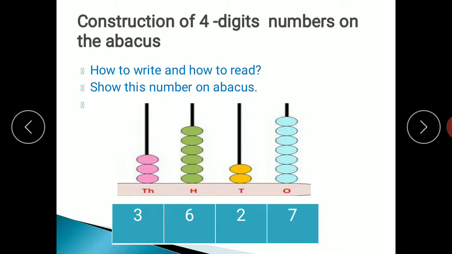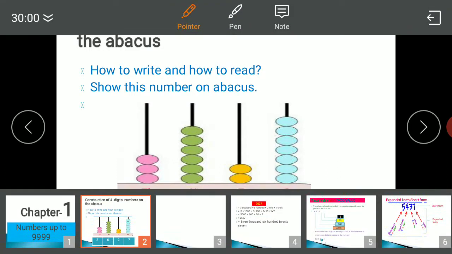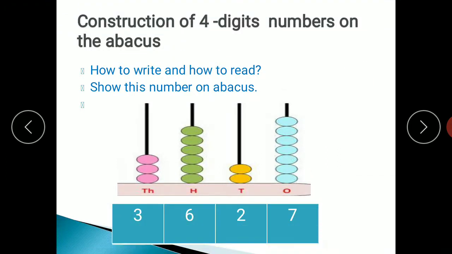It is given the picture of an abacus. Let us see. This is the ones place, this is the tens place, this is the 100 place, this is the 1000 place. Here how many ones are there? Total 7 ones. So 7 into 1 is 7.